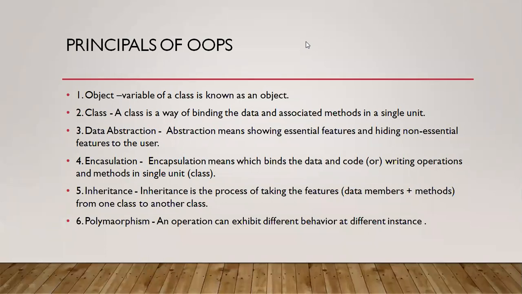Before going to the principles, why are OOPS important in real time? If we write a program using the C language, it doesn't provide any security to the variables or functions of that C program.